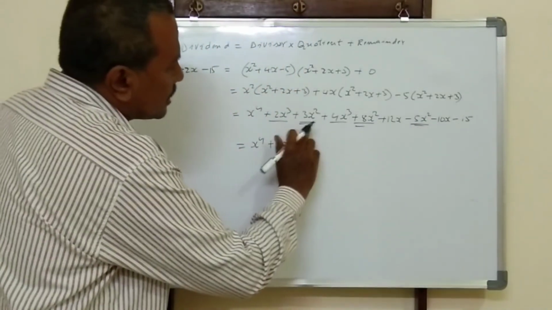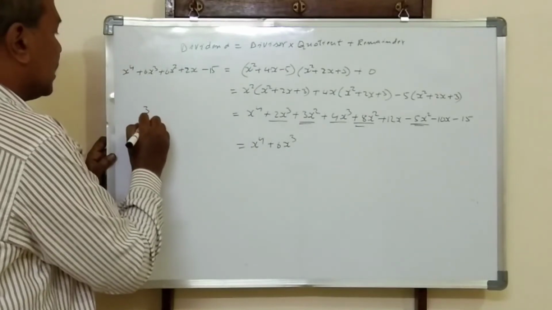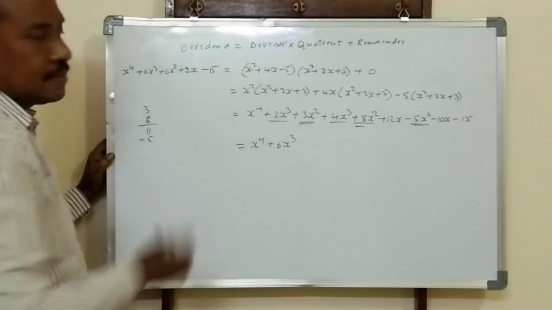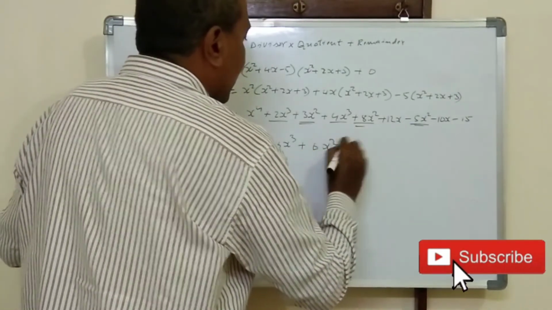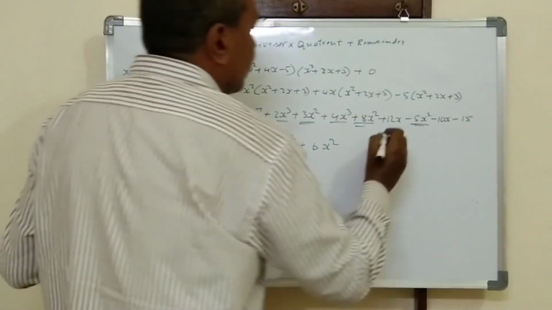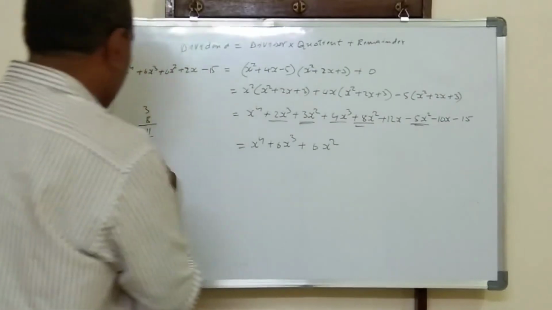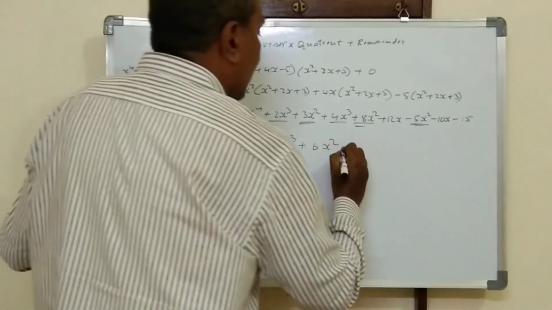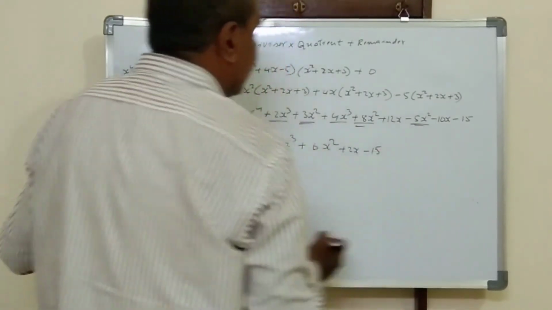First add 3x square and 8x square, 3 plus 8 is 11, 11 minus 5 is 6. So plus 6x square. Now x term: plus 12x minus 10x, 12 minus 10 is 2. So we can write plus 2x minus 15.